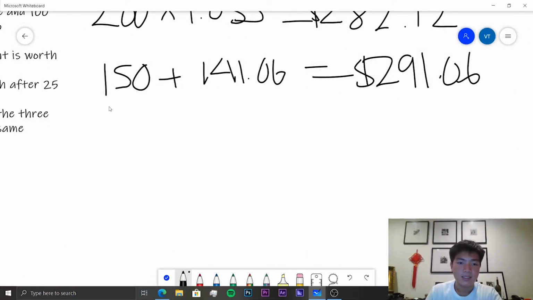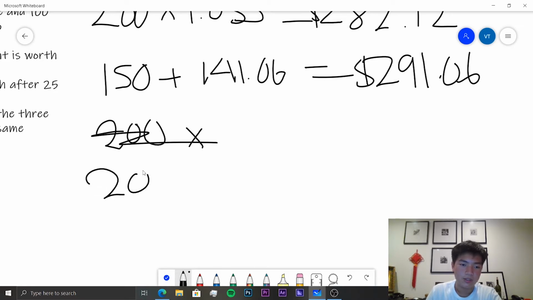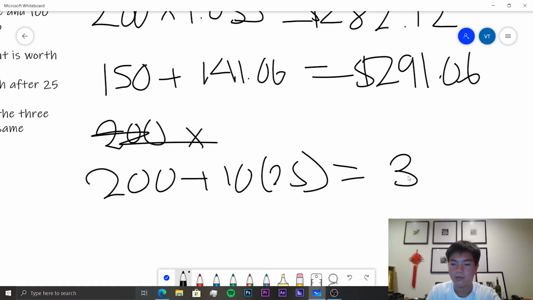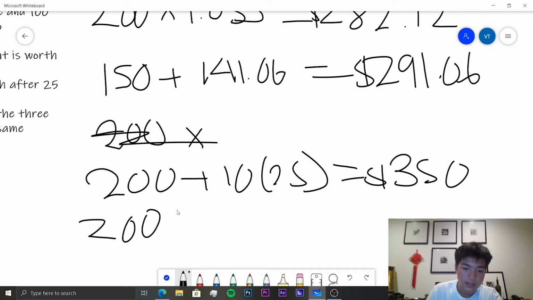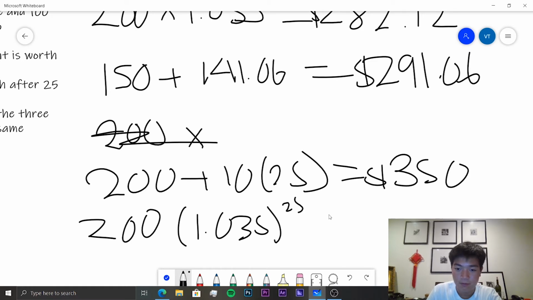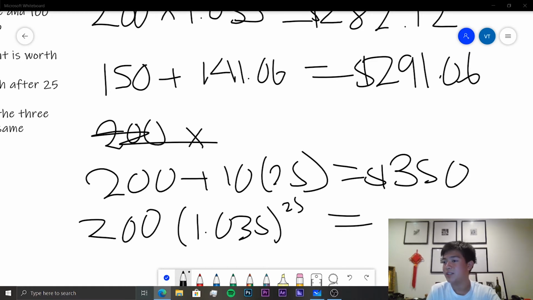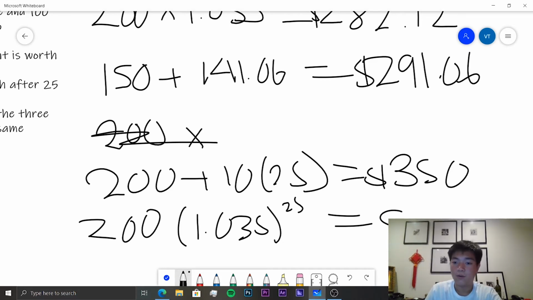Okay, after 25 years, it gets a bit more. Isla has 200 plus 10 times 25, which is equal to $350. Brenna would have 200 times 1.035 to the power of 25, where the compounding starts to get significantly better, and she has a result of $472.